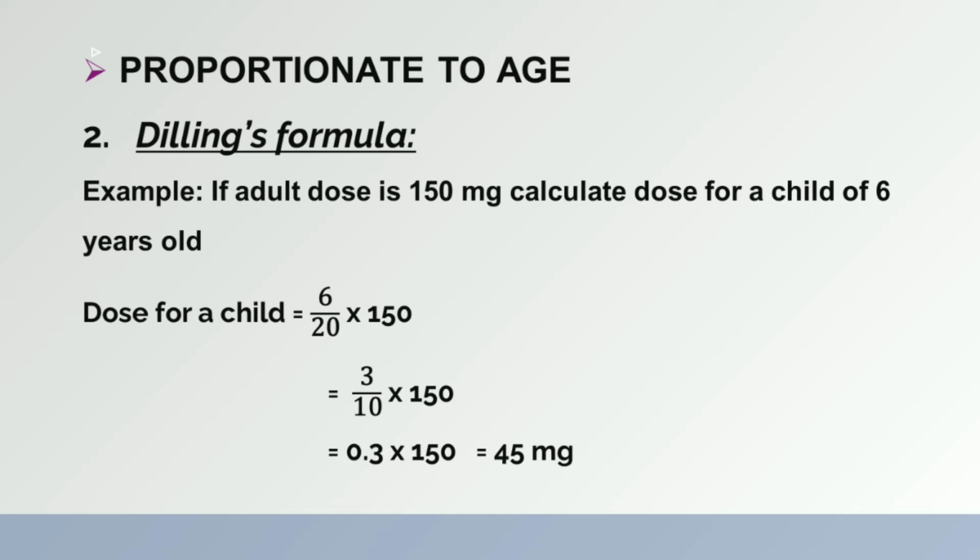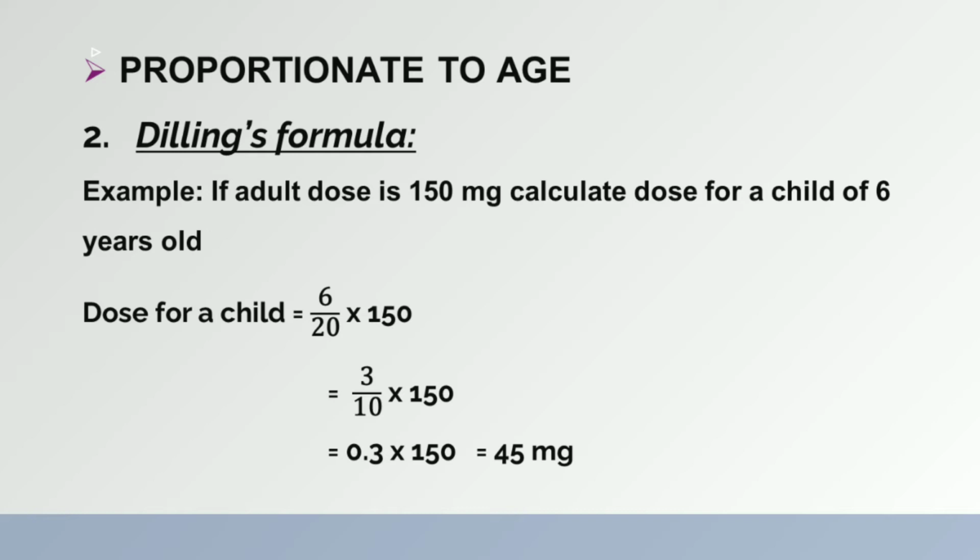The question is the same as what we have seen before. If adult dose is 150 mg, calculate dose for a child of 6 years old. So again we have adult dose 150 mg, and age of child is 6 years. Therefore, dose for a child according to Dilling's formula is equal to 6 upon 20 into 150, as the formula is age in years upon 20.